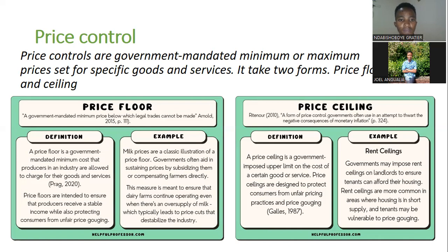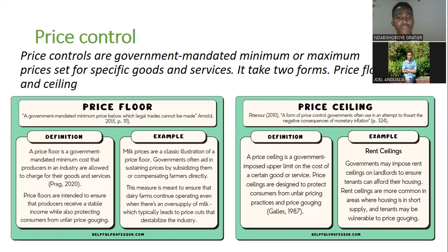Example, milk prices are a classic illustration of a price floor. Government often aids in sustaining prices by subsidizing them or compensating farmers directly. This measure is meant to ensure that dairy farms continue operating even when there is an oversupply of milk, which would typically lead to price cuts that destabilize the industry.